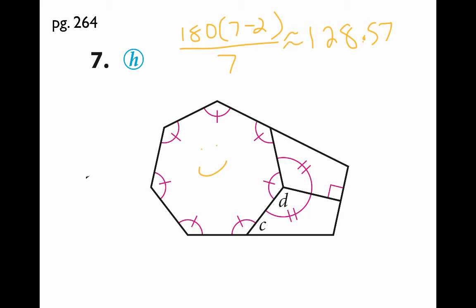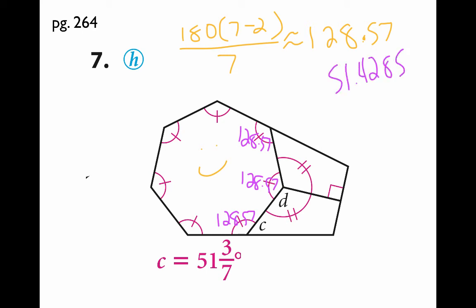So this angle right here is 128.57. So is this, and so is this. So it's clear that we're going to need to subtract that from 180 to get C. And the supplement of that is going to be a nice 51.42857, etc. That's going to be 51 3/7.